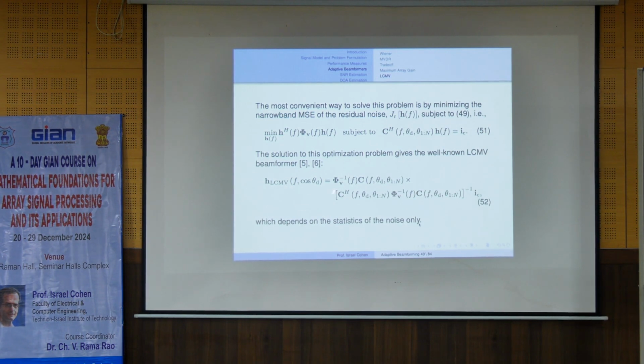So we get the LCMV adaptive beamformer, which is similar to the filter that we obtained for the LCMV in the multi-channel signal enhancement. The only difference is that the matrix C is different. Here, the matrix C takes directions into account. In the multi-channel signal enhancement, the matrix C takes into account relative transfer functions, which takes into account the specific environment, sources, including all reflections. Okay?